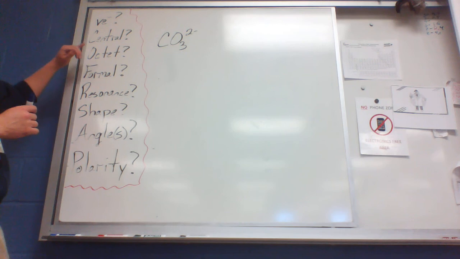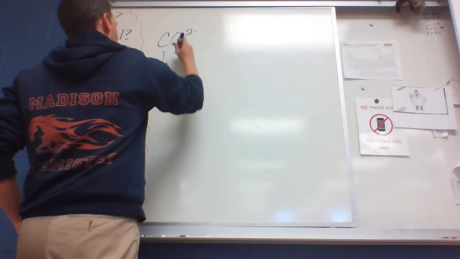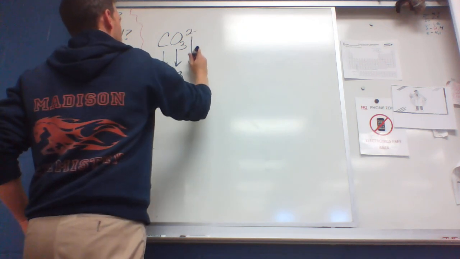Let's get a valence count. Carbon's a 4, 3 oxygens is an 18, and those 2 negatives is a 2.